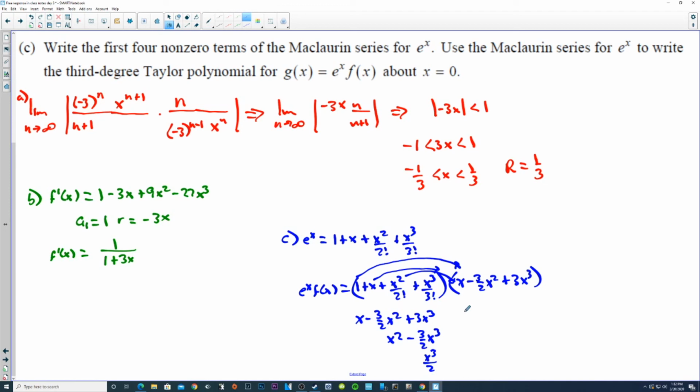So the 3rd degree is x. We have negative 3 halves plus 2 halves is negative 1 half x squared. And let's see, we have 6 halves minus 3 halves and then plus 1 half. So 3 halves plus 1 half is 4 halves. That is going to be plus 2x to the third.